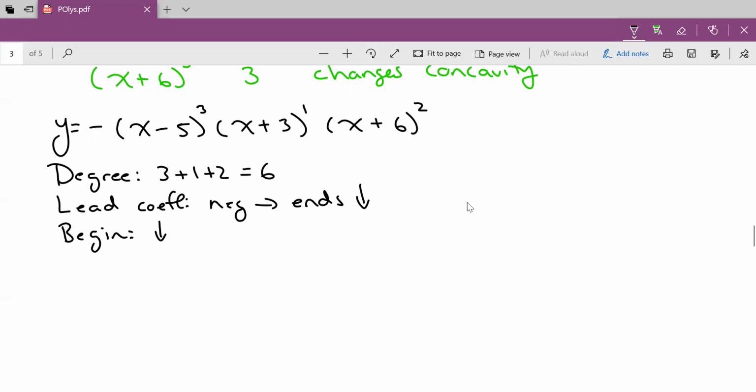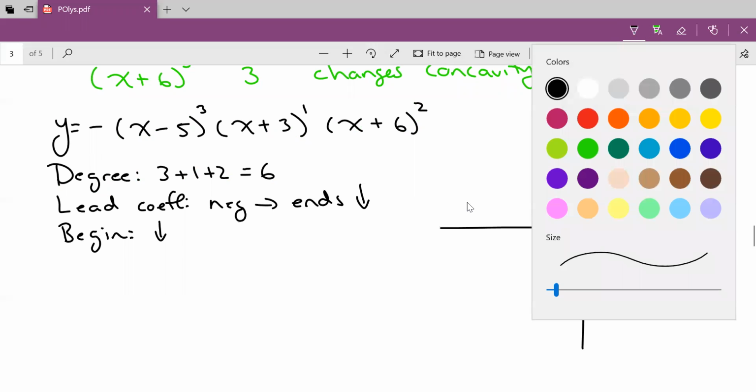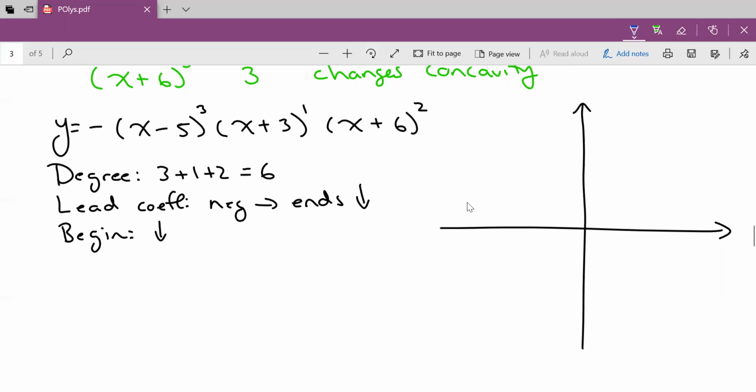Let's see if we can get a rough shape of this graph. I know my x-intercepts, so I'm going to label them. We've got one over here at 5, another one at -3, and our first one at -6.